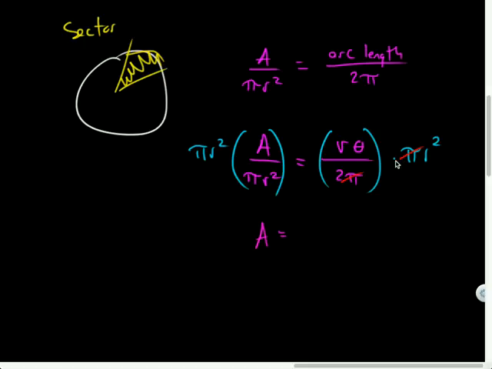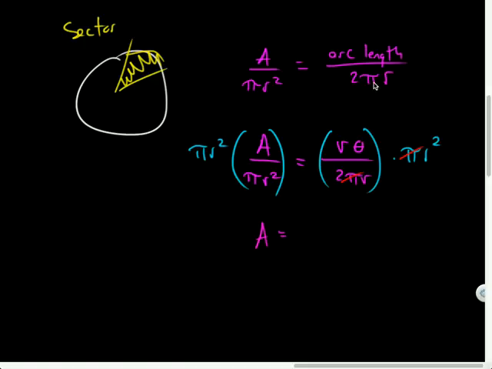Wait a minute. What did I do wrong, guys? Oh. The circumference is 2 pi r. I had 2 pi in terms of radians.